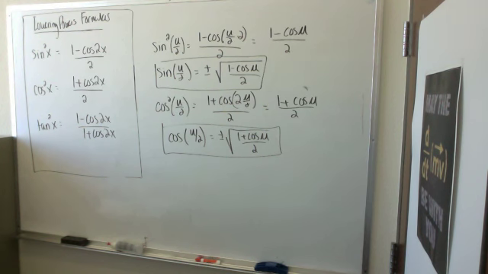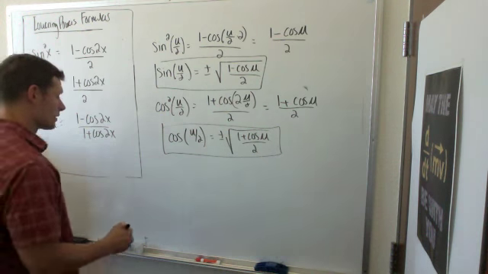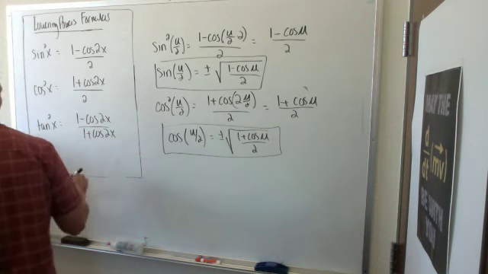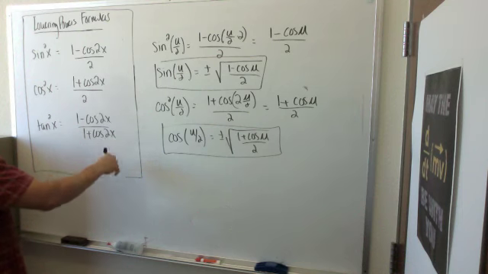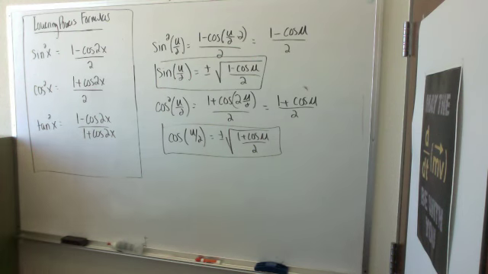Now, if we do the same thing with tangent, we can go through that same process. Note that if we use tangent, you can multiply by the conjugate, top and bottom, and it does simplify a little bit if you do that. I'll let you explore that as you go. The bottom line is that when we put in u over 2, the 2's are going to cancel. You multiply by the conjugate, which in that case is 1 minus cosine u.